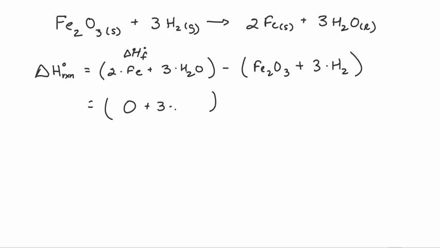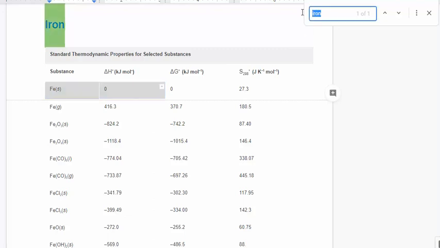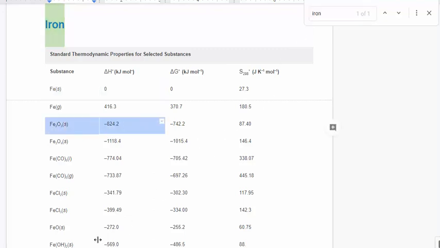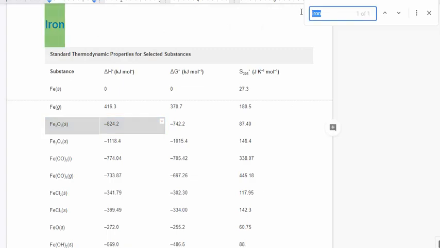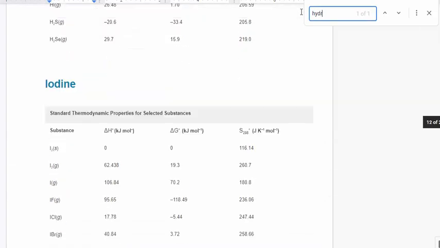I need Fe2O3. Fe2O3 happens to be right here, so that's a negative 824.2 as of this recording. And then I have 3 times the formation of hydrogen. Now, this is the elemental state of hydrogen, and because of that, the delta H is 0.